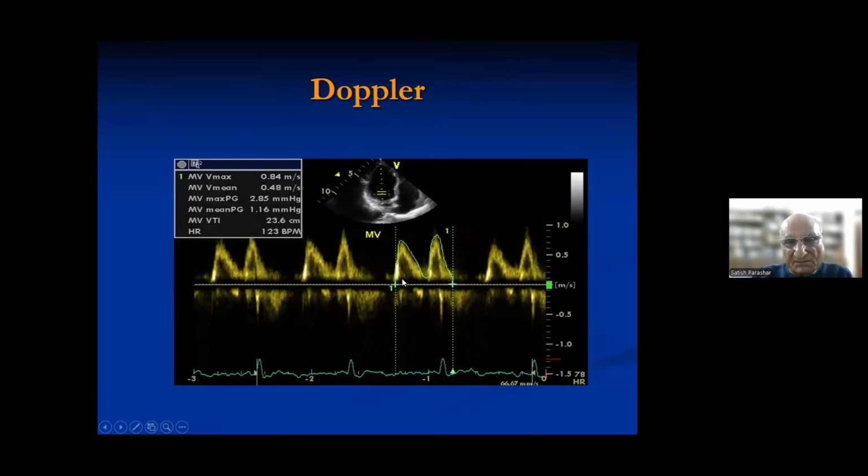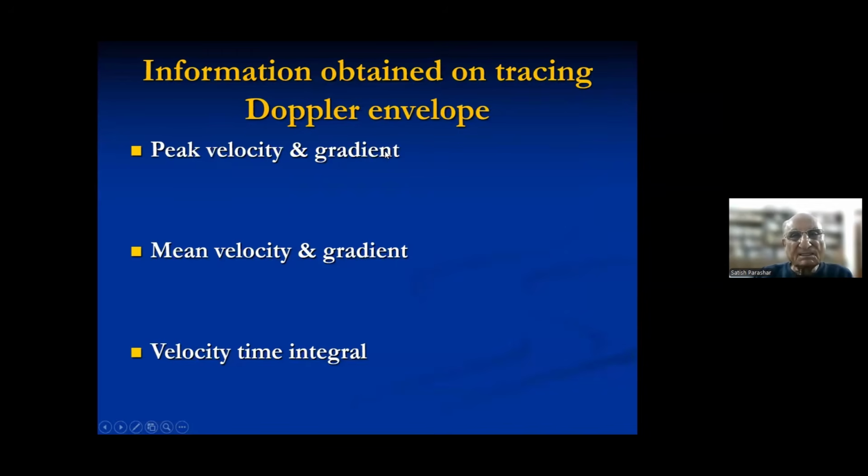So in any valvular disease, we have to obtain a peak and mean gradient, and you can do it by planimetering, so that the information obtained on tracing any Doppler envelope is a peak velocity and gradient, mean velocity and gradient, and a velocity time integral, that is the distance blood travels in centimeters in one stroke, known as the velocity time integral.